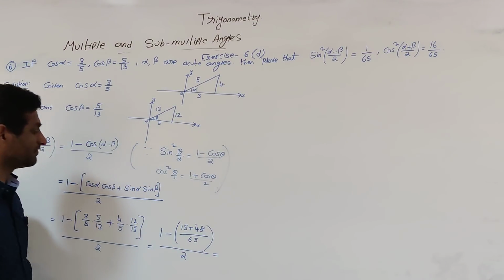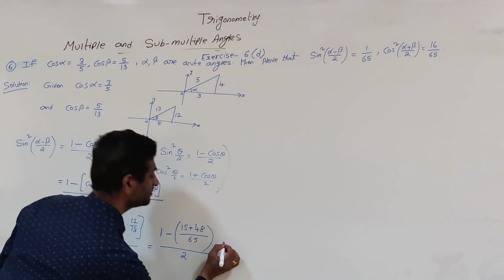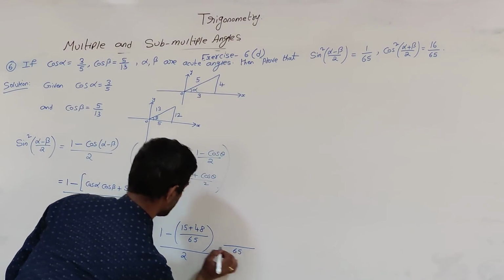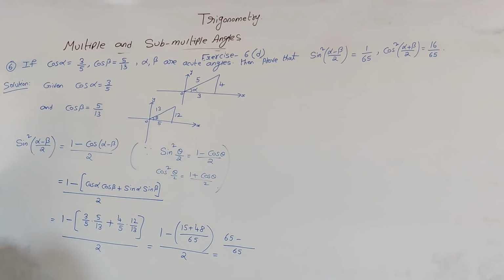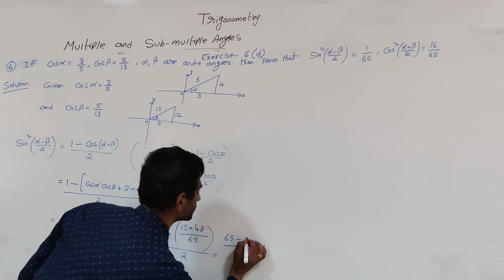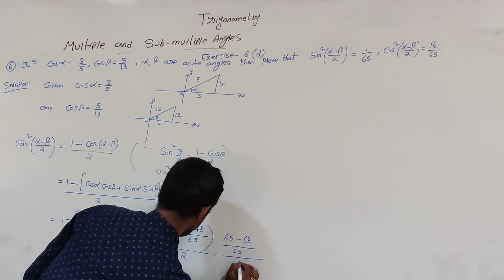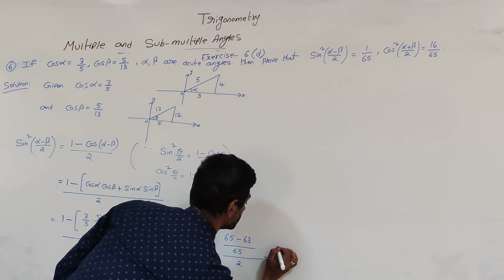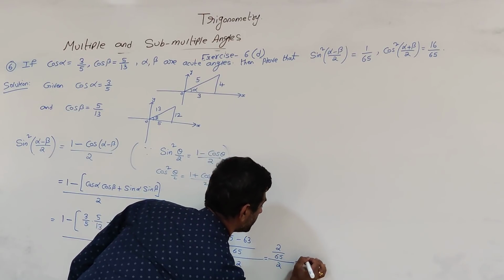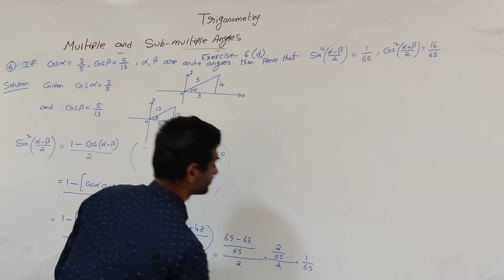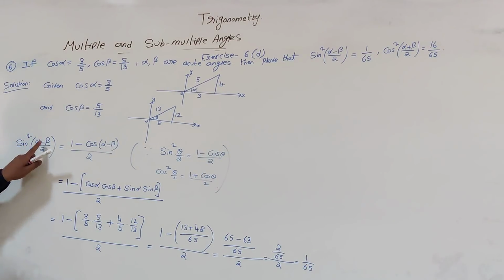Further, if you simplify, 65 is the LCM, 65 minus 15 plus 48 gives 63... 65 minus 63 whole by 2, which is 2 by 65 upon 2, which will be 1 by 65. So the value of sine square of (alpha minus beta) by 2 is 1 by 65.